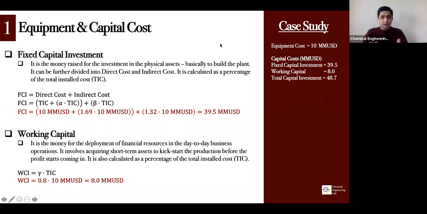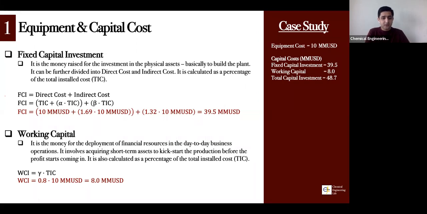Now, your direct cost should, of course, always be higher than your indirect cost. And I'll get into why in a minute. The way we calculate the direct cost and the indirect cost is that we use the total installed cost of our equipment as a base value, and you multiply a factor with that equipment cost.